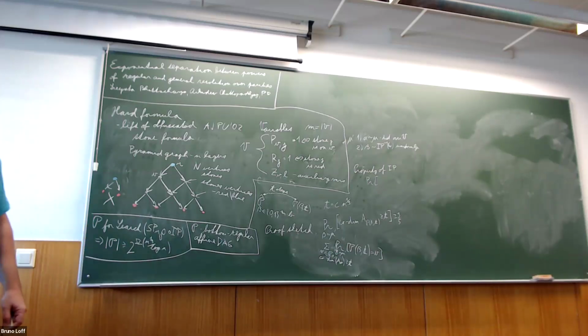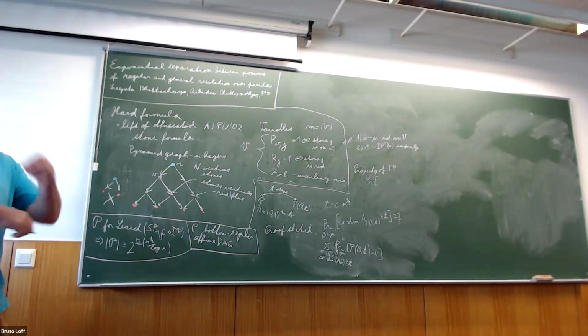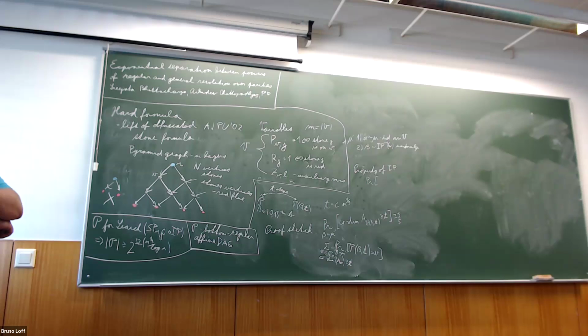That's the point. And you're even proving something stronger: if P is bottom regular, then just within the first distance n to the 1/3 of the root, there have to be a lot of nodes already.